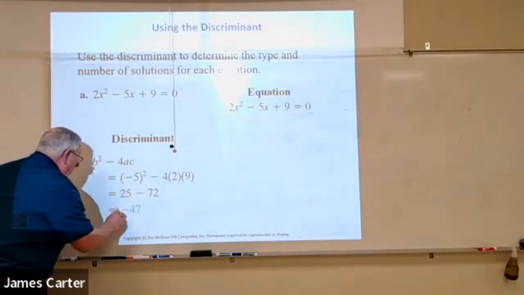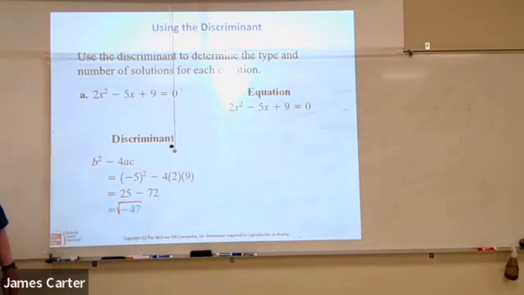Now, if that were under a radical, then what kind of answers are you going to get on the problem? You're going to get a pair of imaginaries. It's important that you say there are 2 of them.